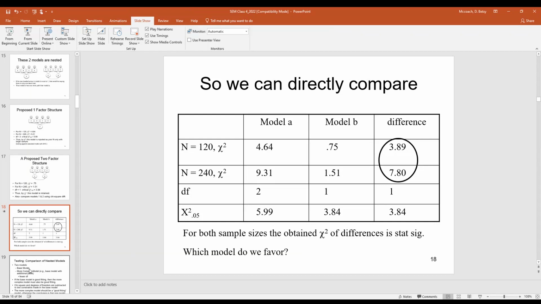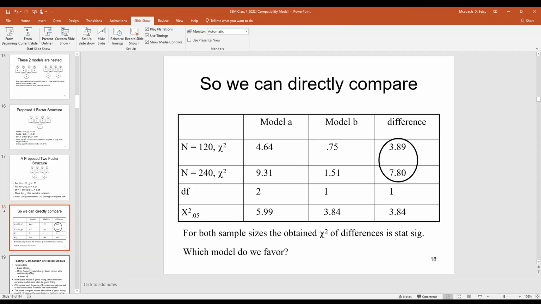This would suggest that even though model A was a good fitting model when I ran it, it wasn't rejected, when I compare model A and model B, model B is a better fitting model than model A. Does everybody see that?